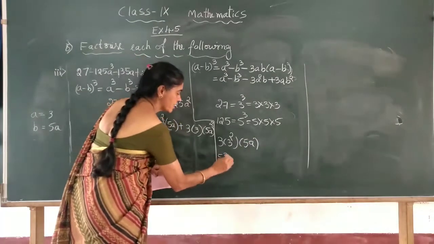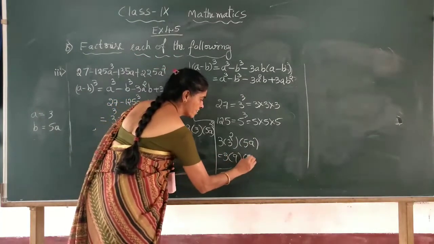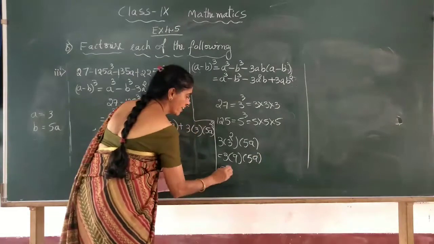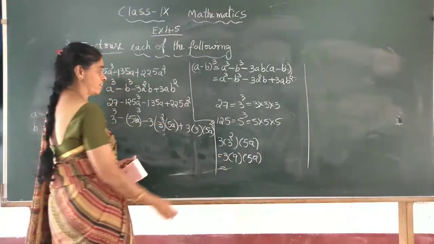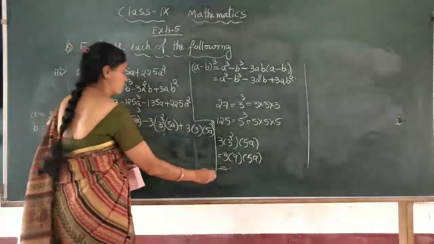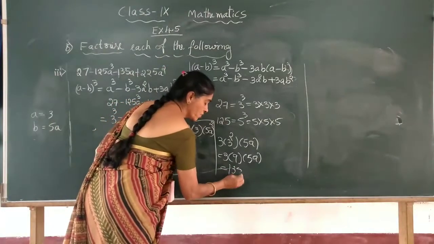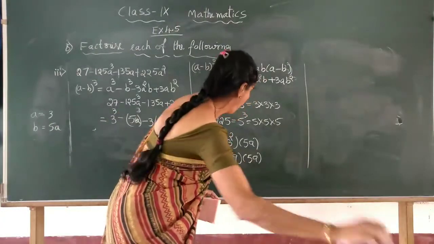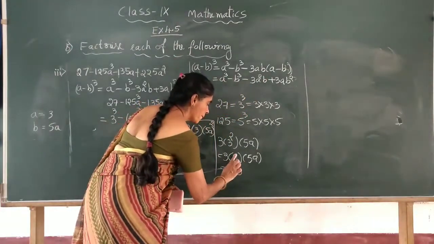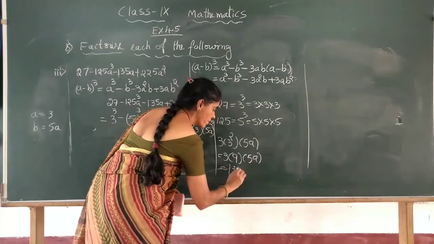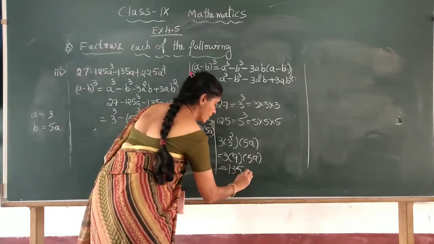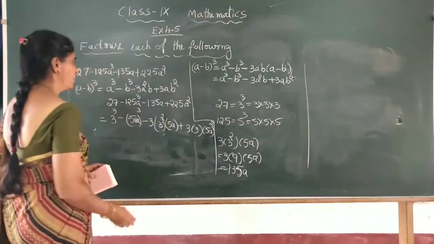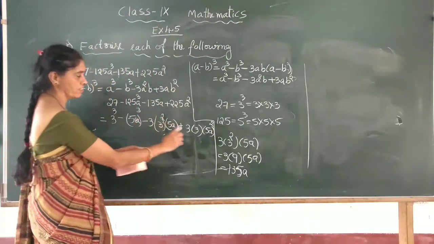It is nothing but 3 into 3 is 9, 5a. You will get 3 9s are how much? 27. 27 into 5 is 135, a into a. And a. 135a you will get.